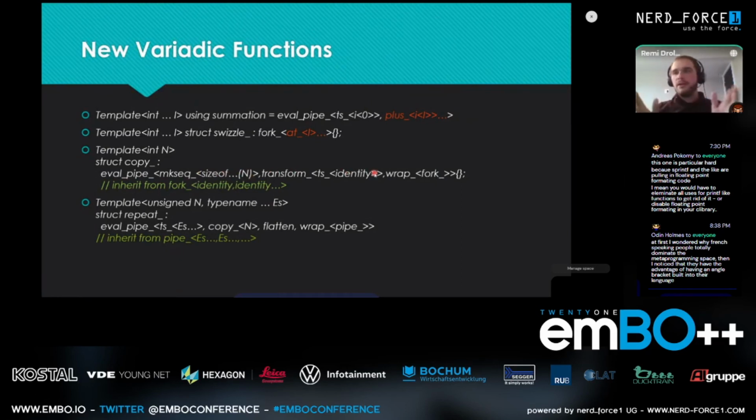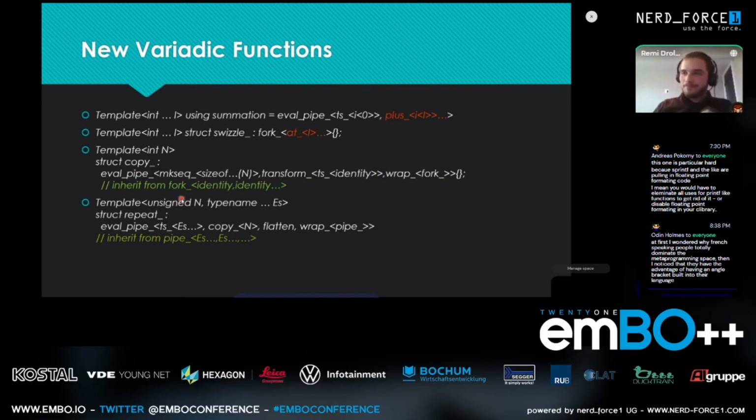So now I start with a sequence of integer constants, and I immediately change each of them for identity. I can do that because it's types, not values. So I have a lot of identities, and then I wrap it with fork, and that's it, and it worked. I'm quite proud of this one, but the next one is even more incredible.